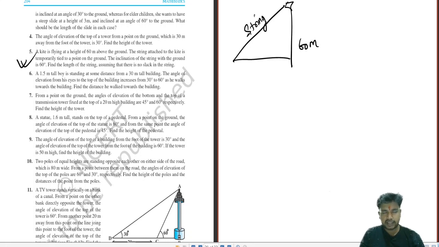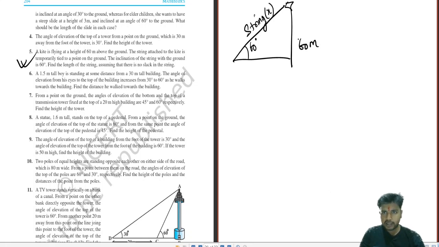The kite is always inclined, either to the right or to the left. The inclination of the string with the ground is 60 degrees. Find the length of the string assuming that there is no slack in the string. So we have to find the value of this.